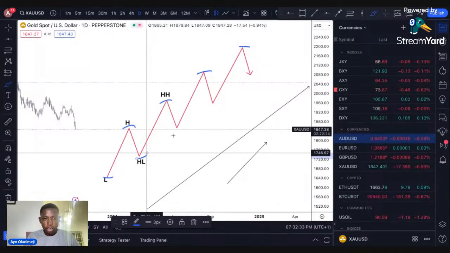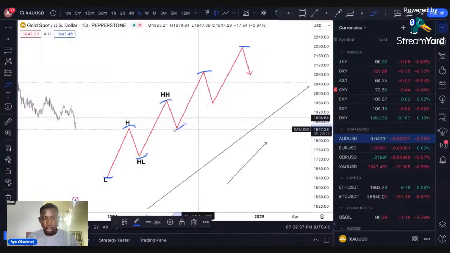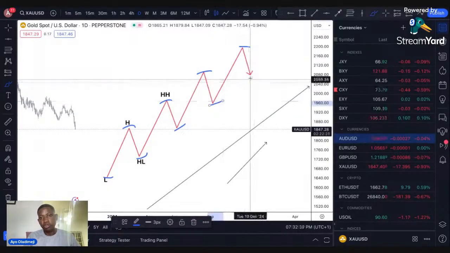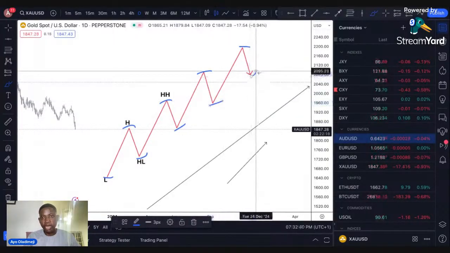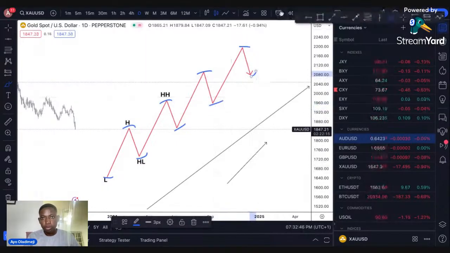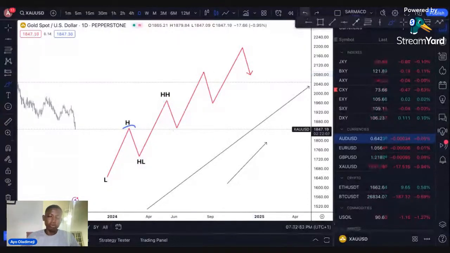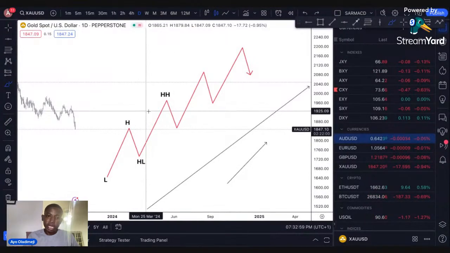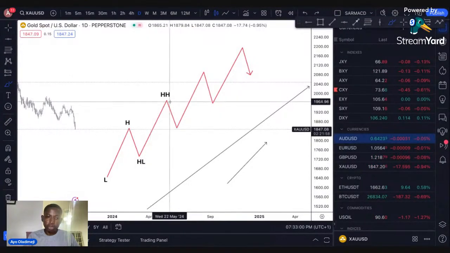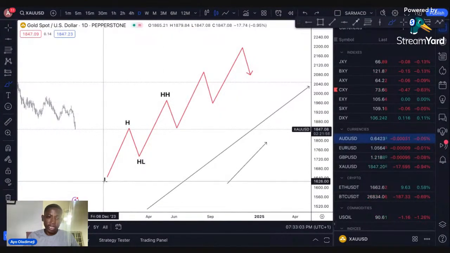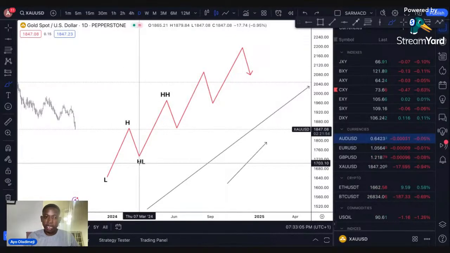The lows are downward and the highs are upward. When it's a bullish trend, you have the highs up and the lows downward. This high is higher than this high, that's why we call it higher high. This low is higher than this low, that's why we call it higher low.